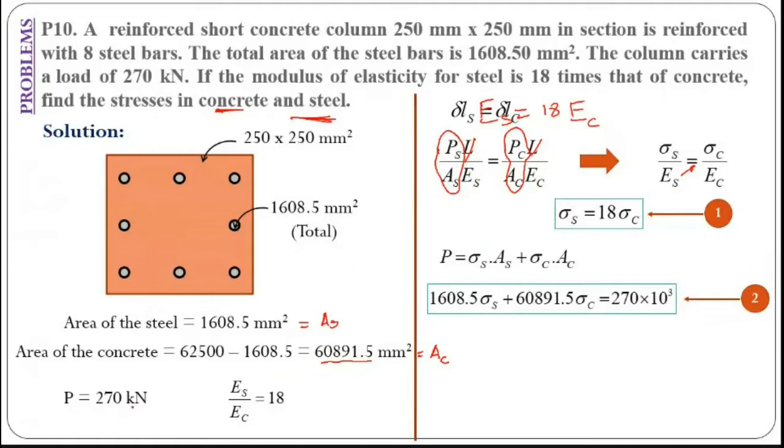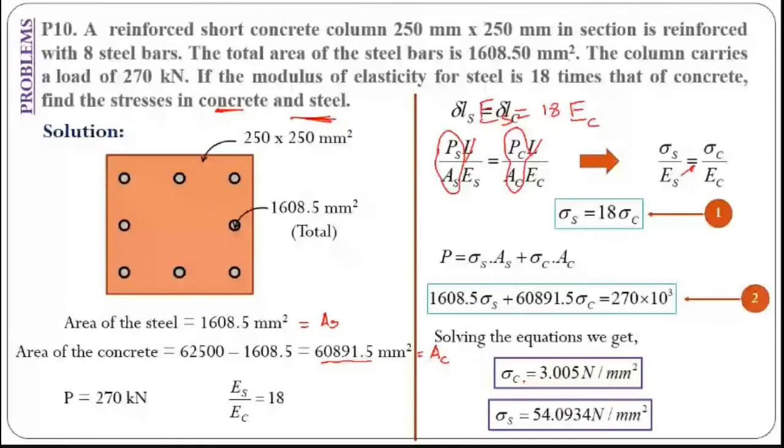So we got all this data now. What we can do is equate 1 and 2. Solving 1 and 2, we'll get the values of sigma C and sigma S.